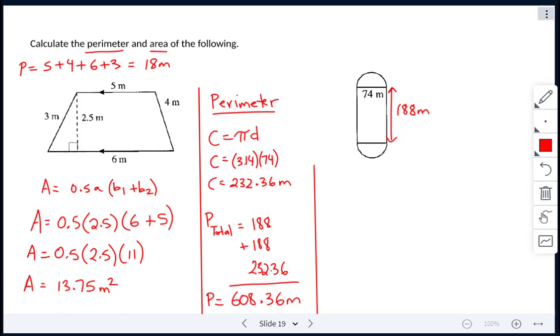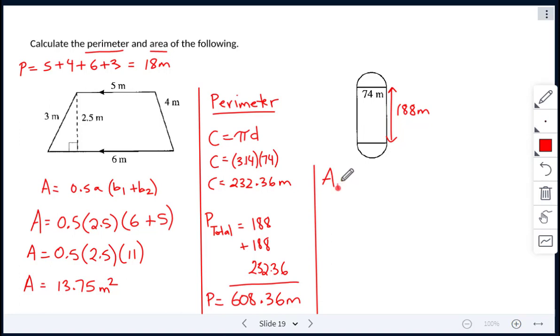All right, so next we have to figure out the area of this total figure. So we have the rectangle. We'll figure out the area of the rectangle. Then we have a half circle and a half circle, which forms a full circle, so we just need to figure out the area of the full circle. All right, so again, keep your work organized.